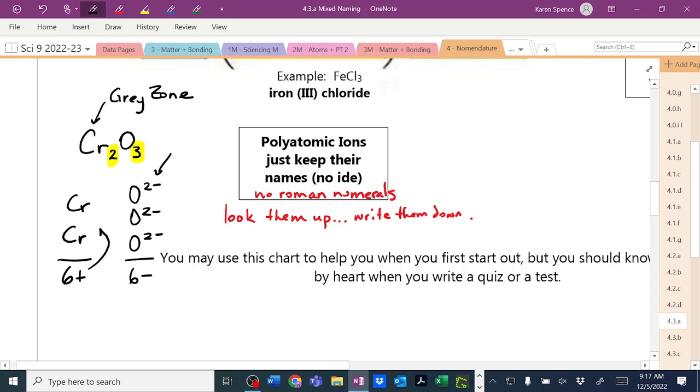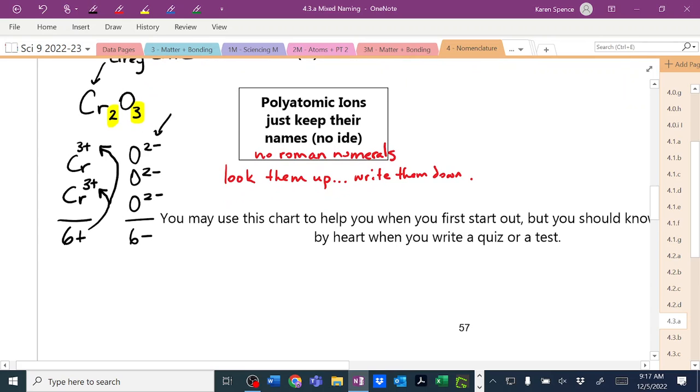Distribute it onto both of the metal atoms so that they add up to 6 plus. So what's the charge of each of them? 3 plus, 3 plus, and so that's going to give you chromium(III) oxide. Okay?